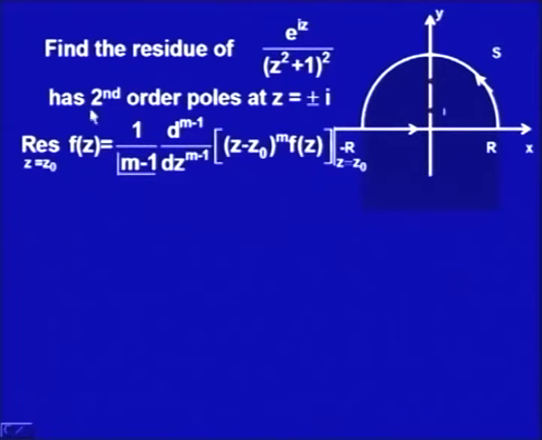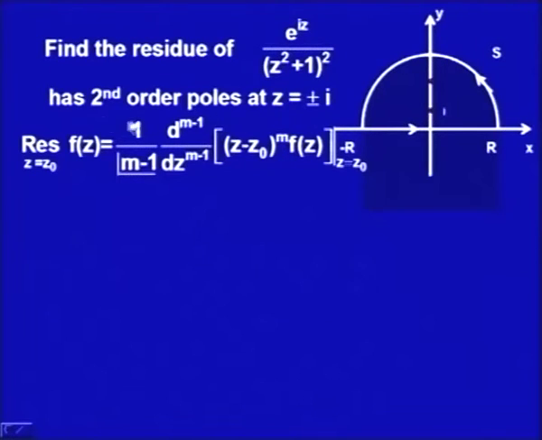Here my m is 2, so m minus 1 would be 1. So, we will use this formula, and now we will calculate the residue at z equal to i.